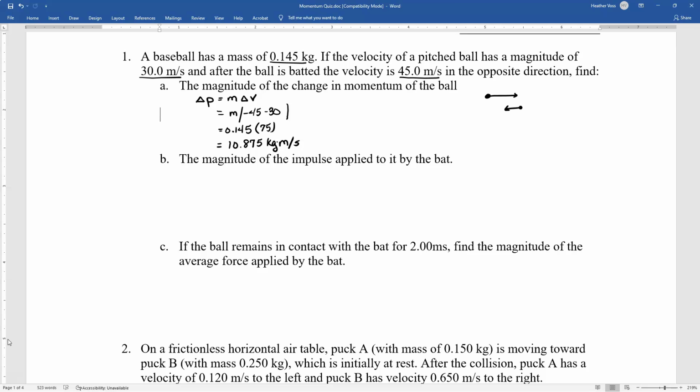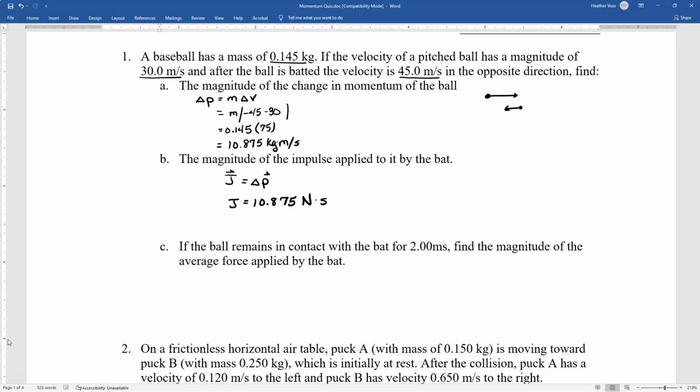So the magnitude of the impulse applied to the baseball by the bat, the impulse is equal to the change in momentum. So the magnitude of the impulse is going to be the same as the magnitude of the change in momentum, and that's going to be units of Newton seconds.